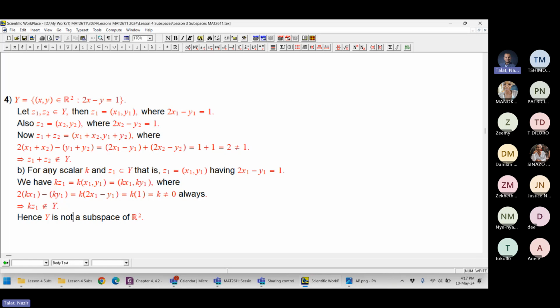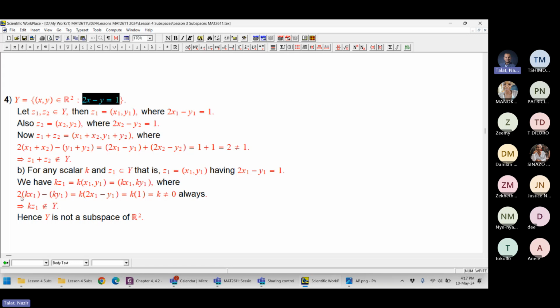And here you can see that the second condition is also not satisfied. For instance, if we take any scalar k, which can be zero, positive or negative, and z1 belongs to Y, then if we multiply k with z1, it becomes (kx1, ky1). Now let's check whether (kx1, ky1) satisfies this kind of condition or not.